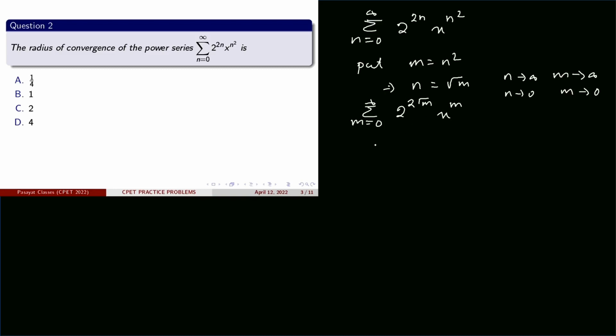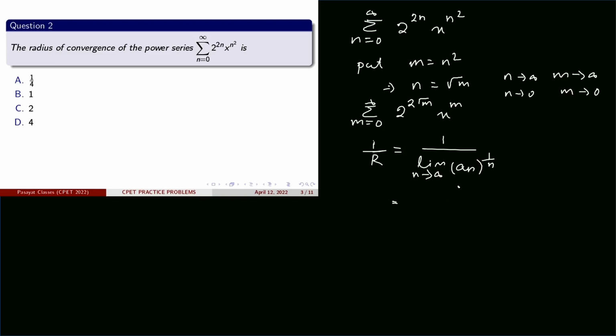So here we can calculate the radius of convergence by using the formula 1 by R is equal to limit n tends to infinity of a_n whole to the power 1 by n, and here our limit is m tends to infinity.